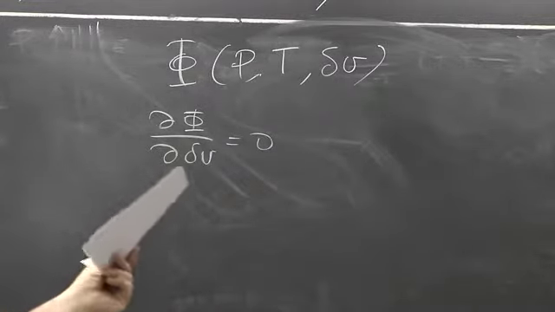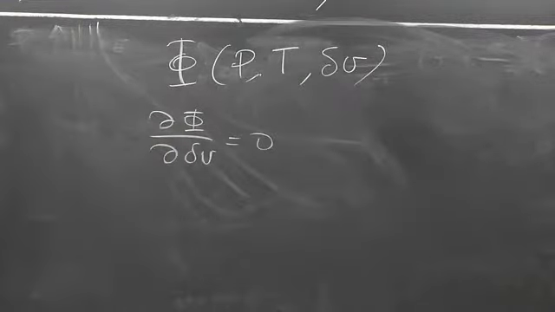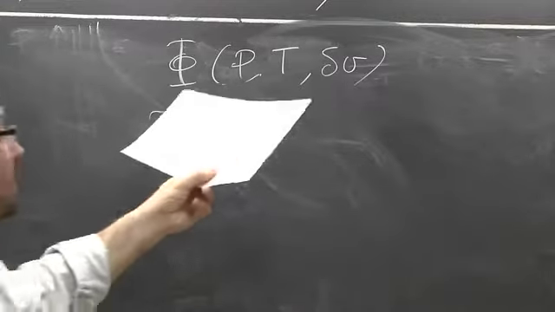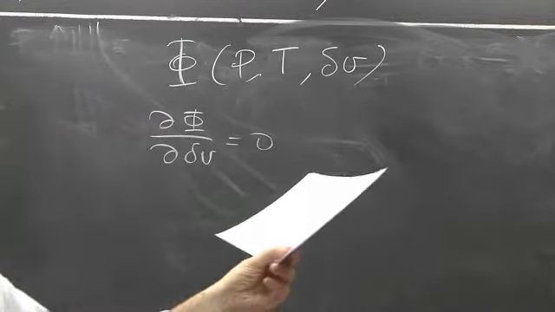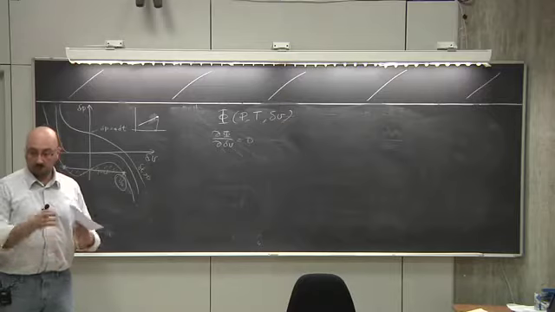In fact, as you know, if your system has a constant pressure and constant temperature, it has to reach the minimum of the enthalpy. And the minimum is achieved when the derivative is equal to 0. You also have to require that the second derivative is positive.